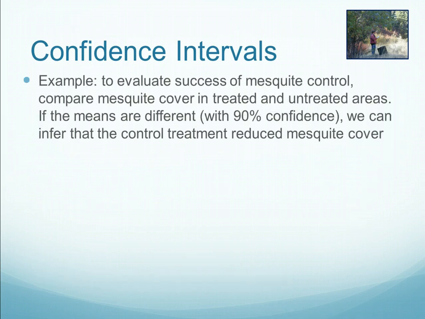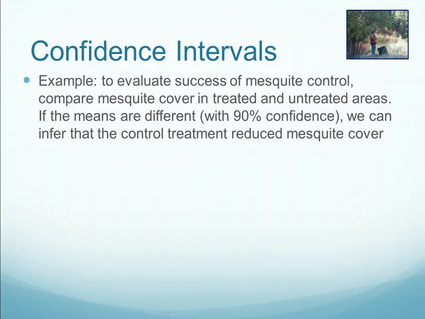Let's look at another example where we hold the confidence level the same, but we have a difference in the standard error. So this is an application where we want to evaluate the success of mesquite control, comparing mesquite cover in treated and untreated areas.